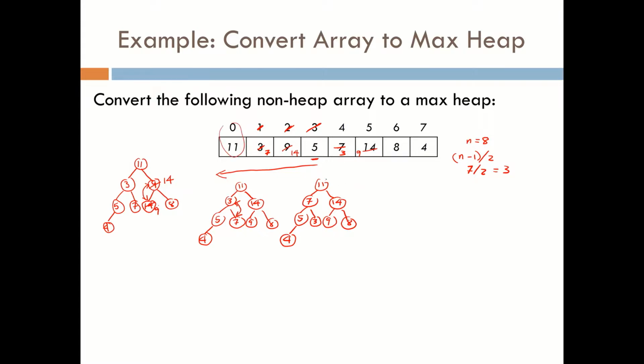So we're here, and we're going to try to heap down the 11. We take a look at the 7. It is not greater than or equal to the 11, but the 14 is, so we make this swap. The 14 and the 11 will change places, and that will give us this tree.